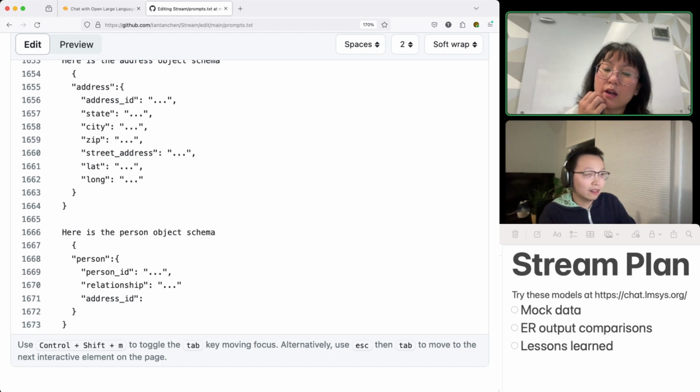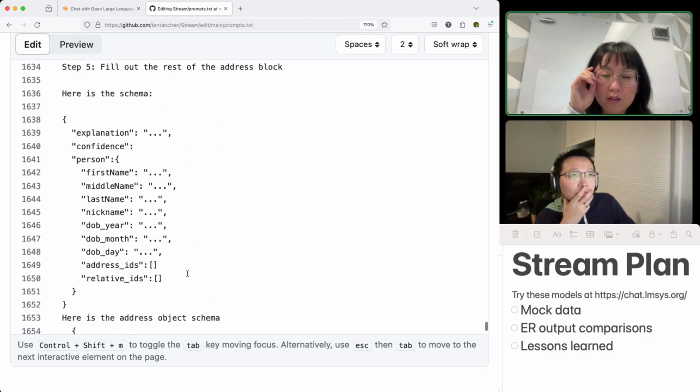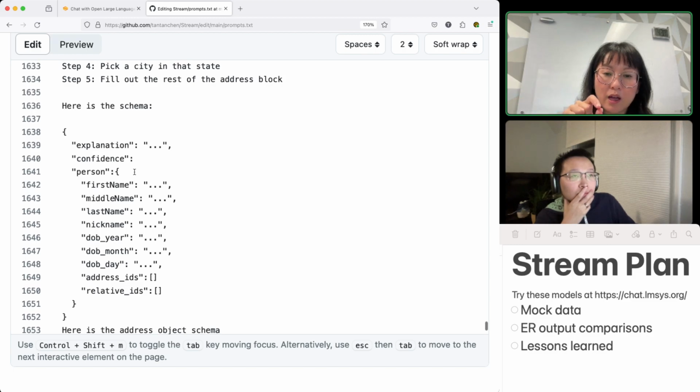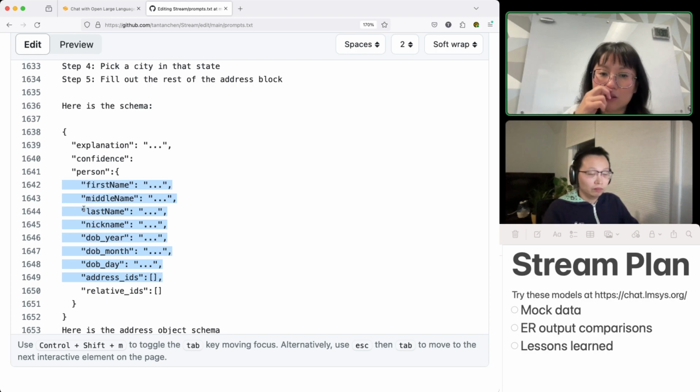Well, I imagine the main person object that you had before would have relative IDs, right? Just like address IDs. And then you would have another relative also with that, but then they would point to each other.